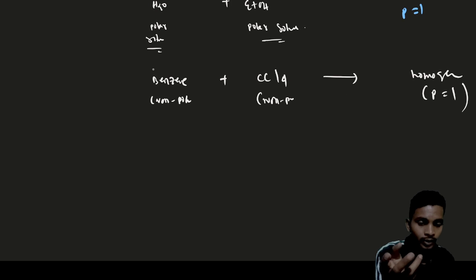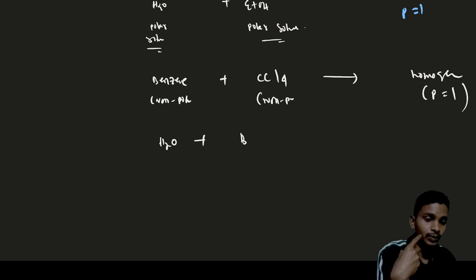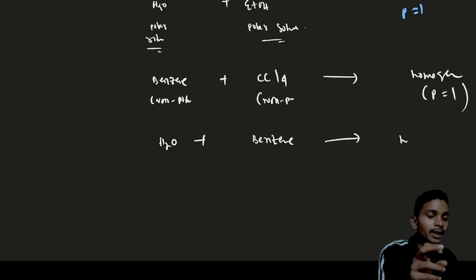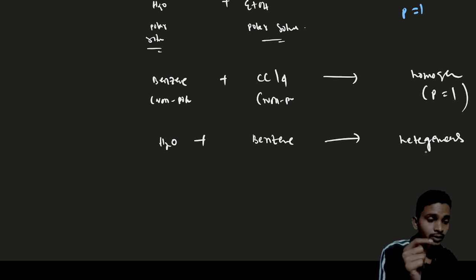But if you take one polar solvent and another non-polar solvent, let's say water and benzene, then the mixture will be heterogeneous because they will not be completely dissolved, and phase is 2.